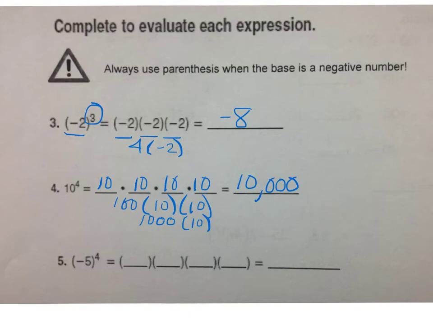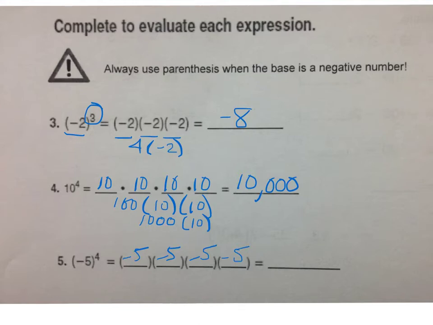Something interesting to note here. Notice how many zeros are in the answer when we took 10 to the fourth. Keep that information in the back of your mind for some time later. Example 5, negative 5 to the fourth power. So we're going to take negative 5 as a base, use it as a factor 4 different times.